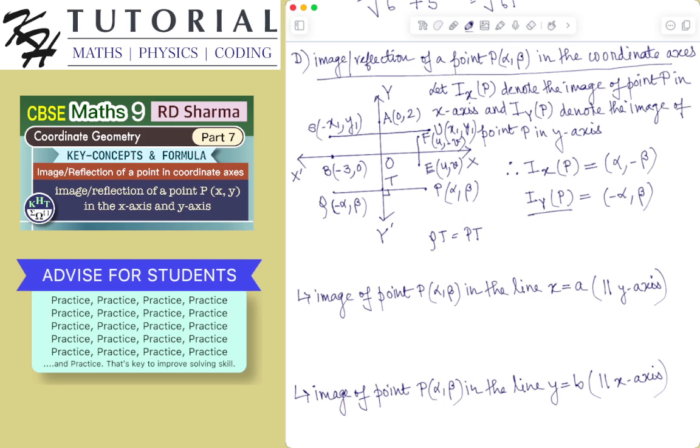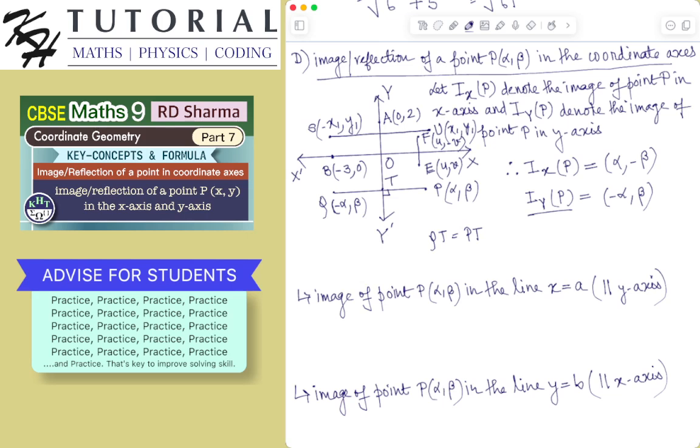Okay. So now, using the notation I subscript x P and I subscript y P, I have plotted some points, A and B. Now, the point A is lying on the y-axis. Its coordinates are 0, 2. So what will be the image of point A in the y-axis?